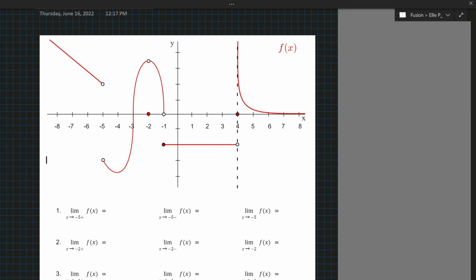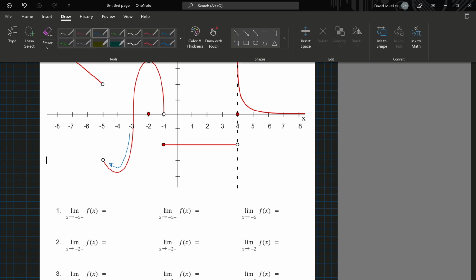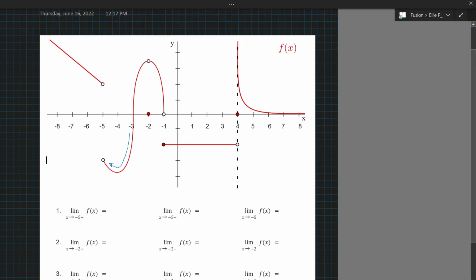Yeah, good. And what will that equal? -3, is it? Yeah, that's a good point. I should probably write that in there. It's implied. So yeah, -3. Good.